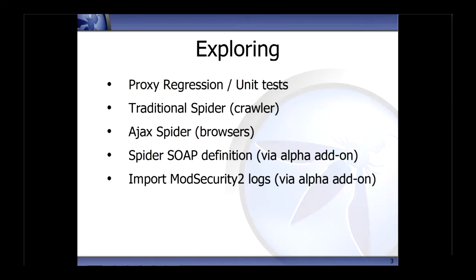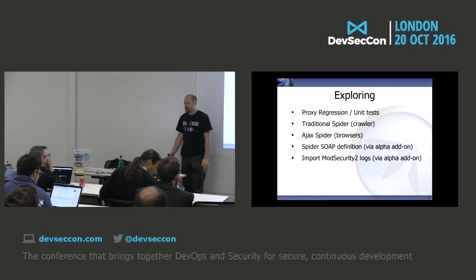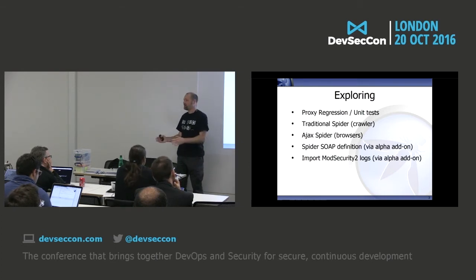So with automation, exploring is absolutely key. The better you explore your application, the more effective your active scanning will be. If you don't explore it very well, then that will seriously impact the vulnerabilities you can find. There are various ways of exploring. The way I think is actually the best is if you have comprehensive regression or unit tests that use the browser or actually make use of network requests, because you can proxy those through ZAP.